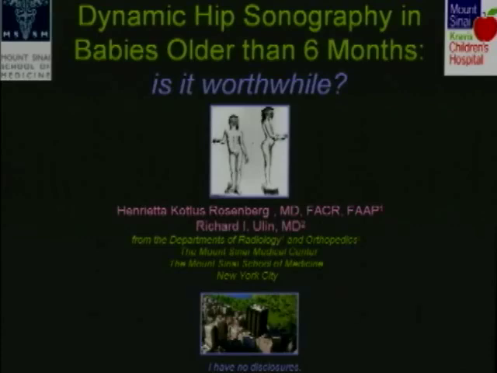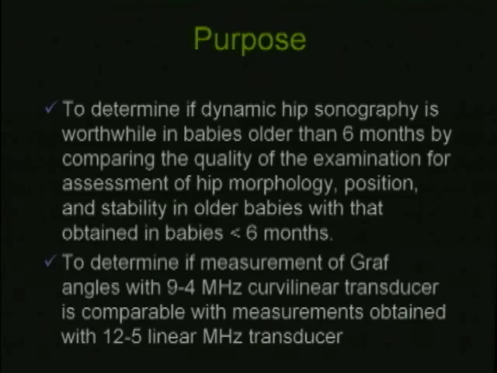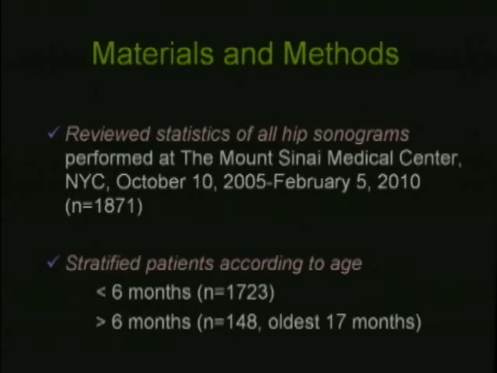So we decided to do a little study to determine if it's worthwhile to try to examine the babies who are older than 6 months by comparing the quality of the examination for assessment of hip morphology, position, and stability in older babies with that obtained in babies less than 6 months, and to determine if the measurement of the graph angles with a 9.4 megahertz curvilinear transducer is comparable with measurements obtained with a 12.5 megahertz linear transducer.